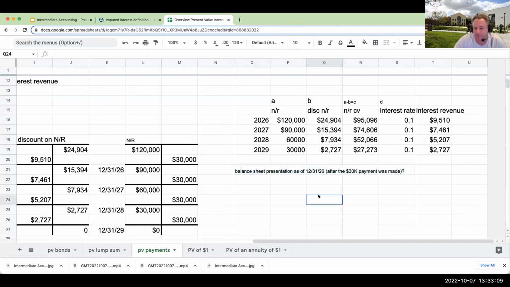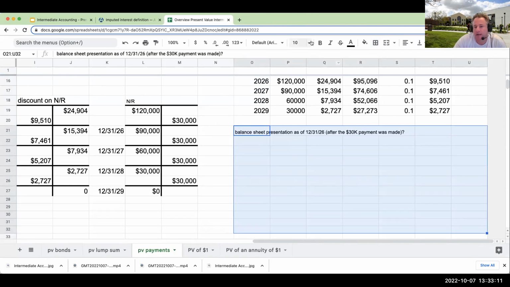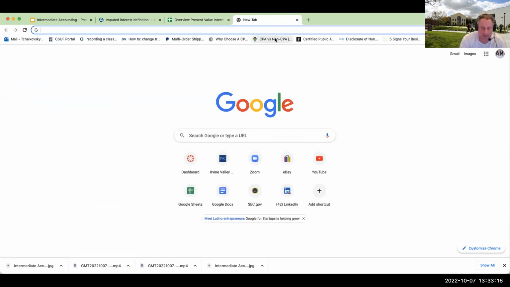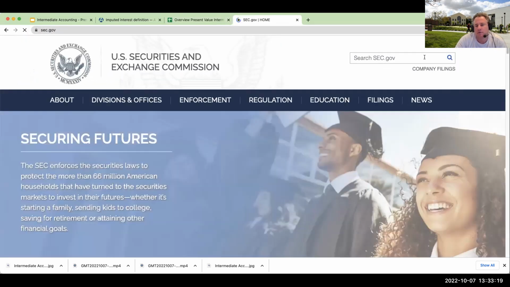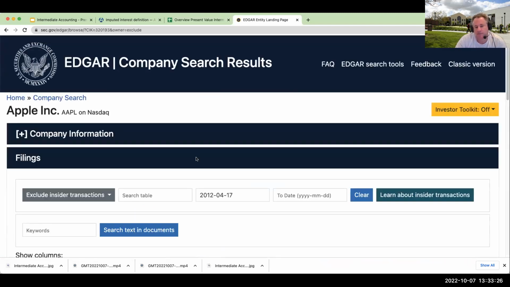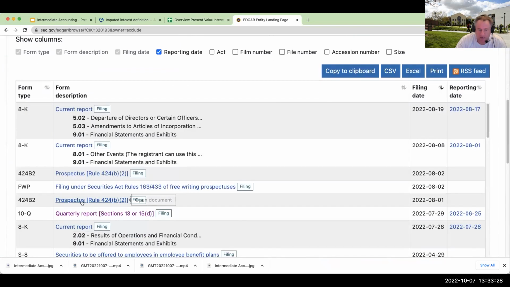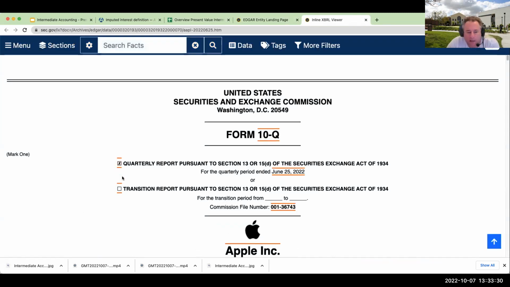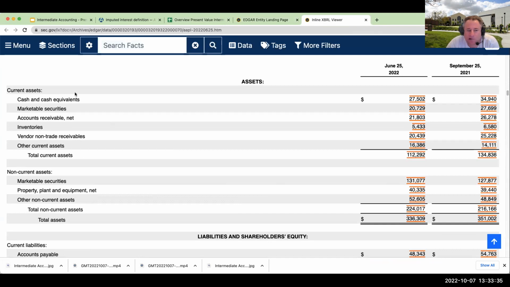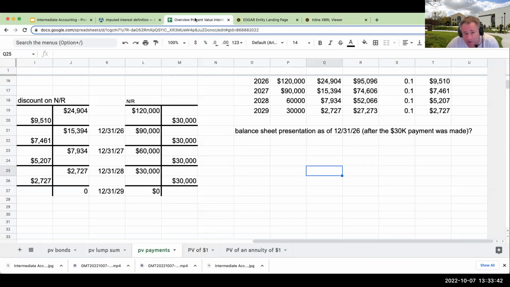Why is it tough? When we're looking at a balance sheet, we have to think about the classification or categorization of assets and liabilities. If we go to Apple and look at their balance sheet, you're going to see current and non-current. Current means I'm going to get the benefit from it in the current year.